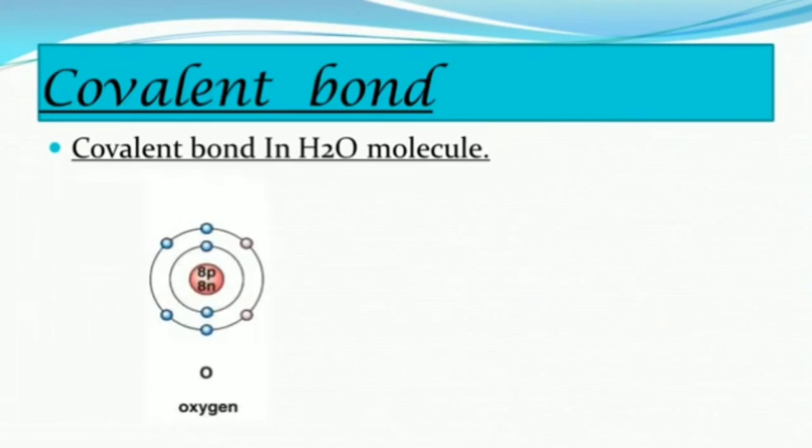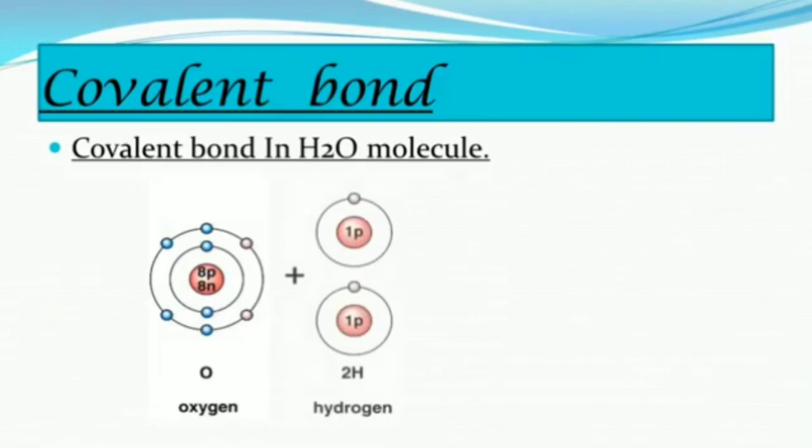The H2O molecule of a covalent compound is formed from hydrogen and oxygen atoms. There are 6 electrons in the valence shell of the oxygen atom. It means that the electron octet in oxygen is short of 2 electrons and the valency of oxygen is 2.